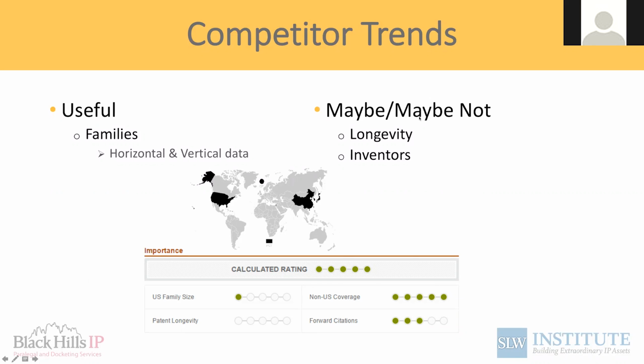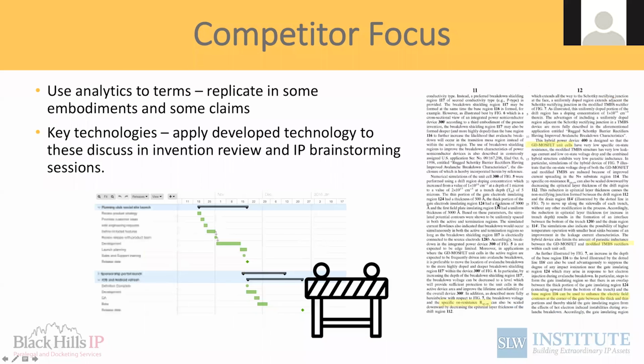So once you have some of that data as to the important or key patents within a technology space or within a competitor portfolio, that's interesting. It's good to know what they are, but what can you do with it?